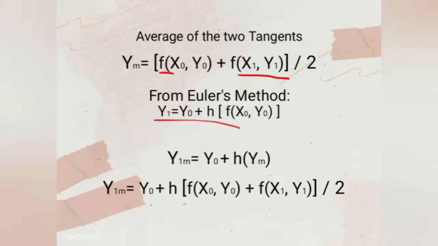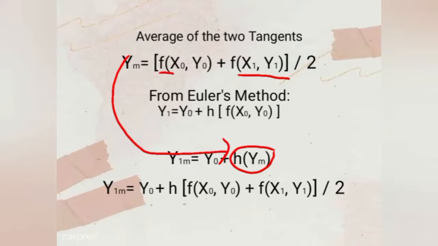From Euler's method, as I showed you in the previous slide, this is the equation for Euler's method: this one plus h, and this is the function of x sub 0 and y sub 0. We have the value of y sub m, so we have to put it there.